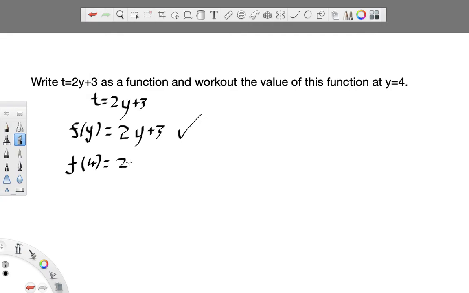So that would be 2 times 4, and then adding 3 at the end. 2 times 4 is 8. So then we've got 8 plus 3, and that is equal to 11. So therefore, the value of our function at y equals 4 is 11. So that reads f of 4 is equal to 11.